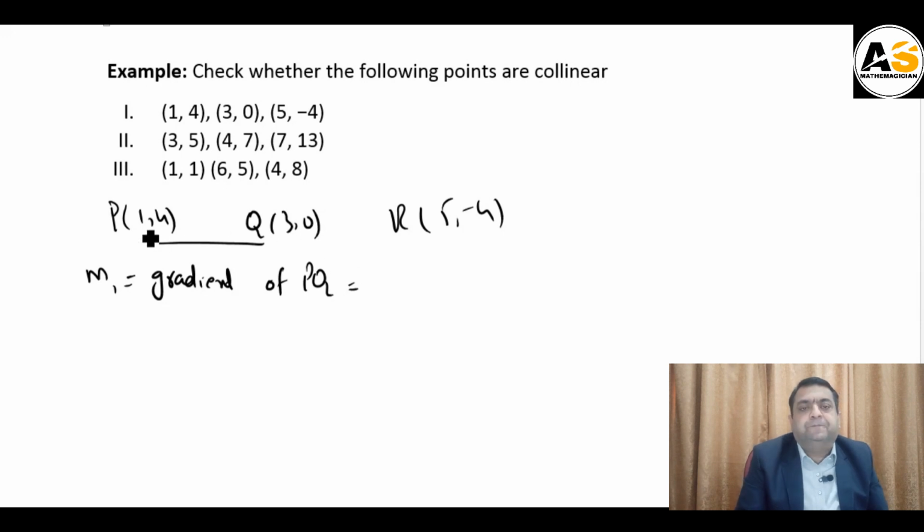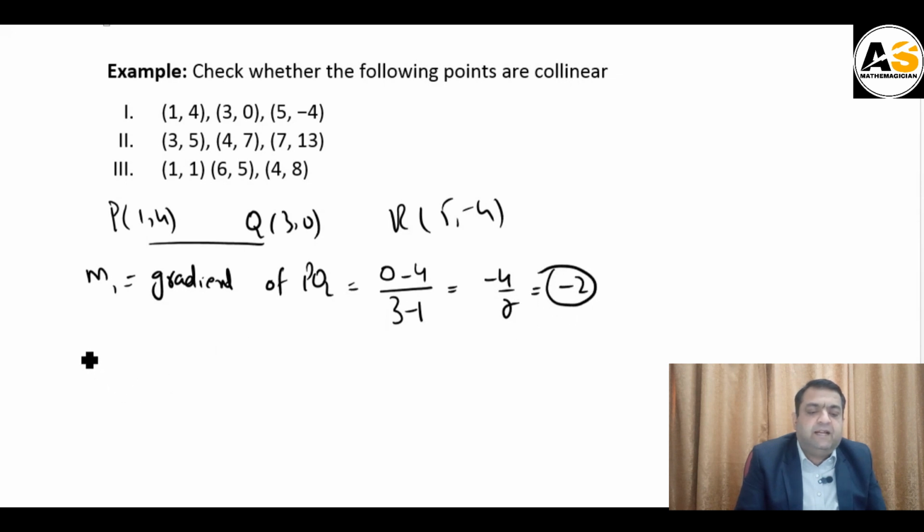Gradient of this line. What is x1? 1, y1, 4, x2, 3, y2, 0. Put in the formula: y2 minus y1 over x2 minus x1. Its gradient is negative 2. Now we calculate the gradient of QR.